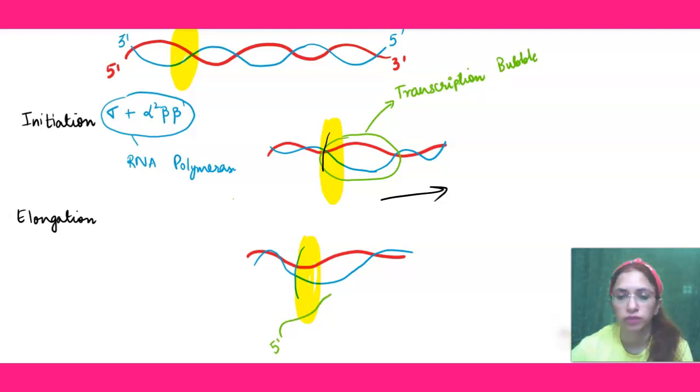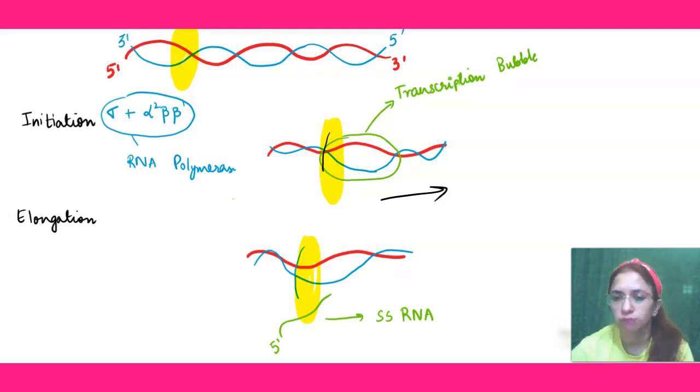This is also very important: RNA polymerase moves and reads the bases of the template strand, complementary bases are attached, and the single stranded RNA comes out. So here you can see that this is the single stranded RNA coming out. Now we will see further, this is not the messenger RNA.